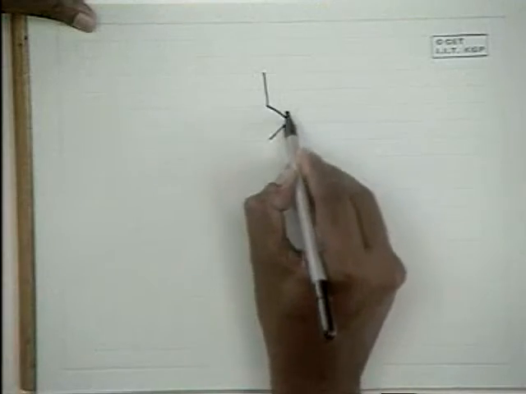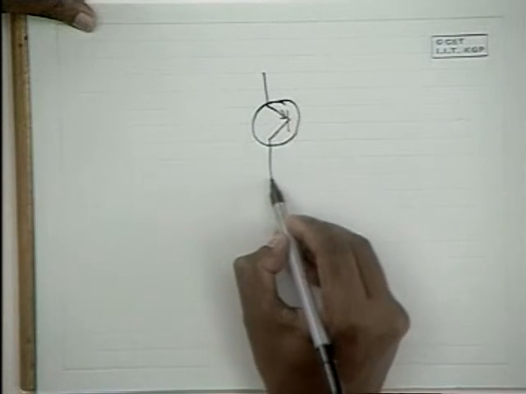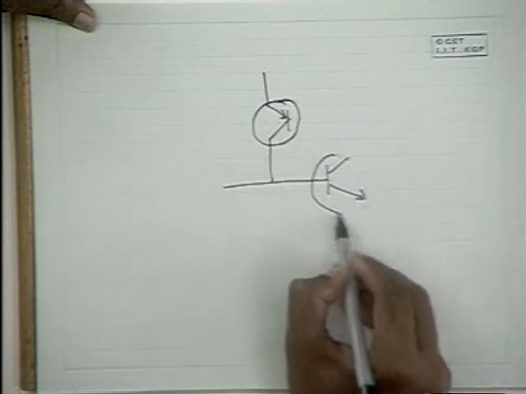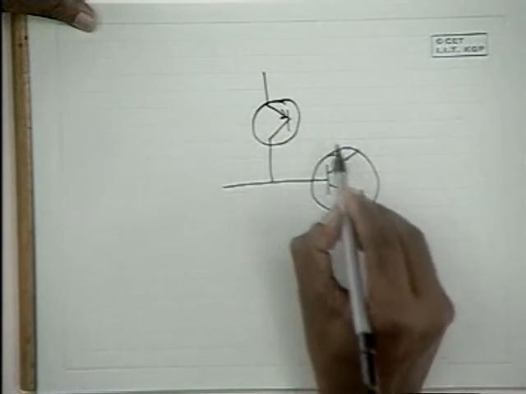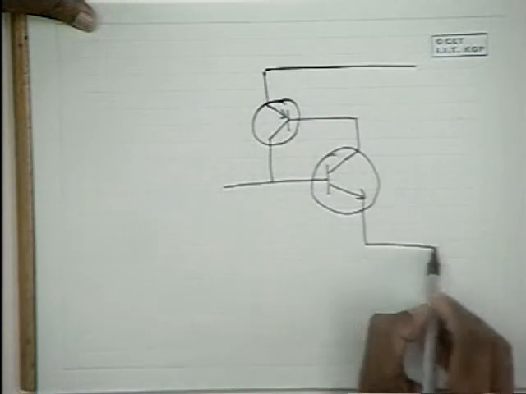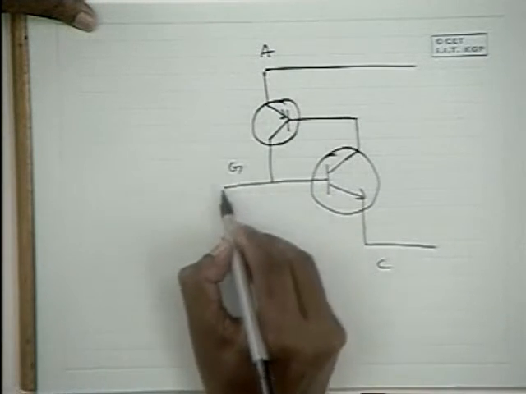So this is the SCR, this is the PNP device, this is the gate, and this is Q2, which is an NPN transistor. So this is the anode, this is the cathode, and this is the gate.